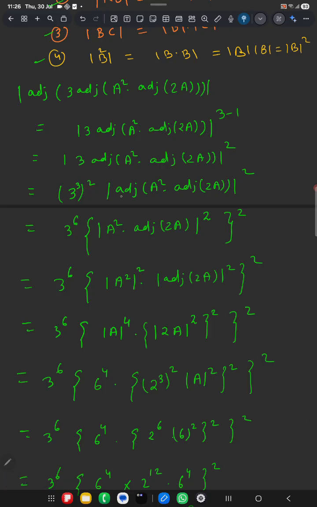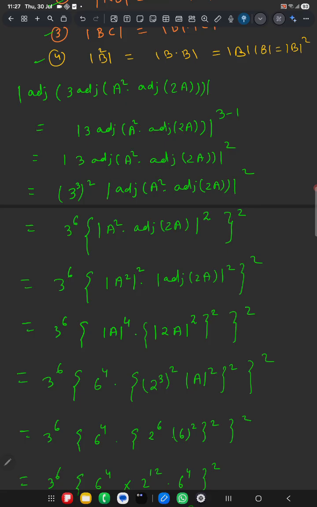Okay, now we have to solve this one. This is the adjoint of some matrix. So the determinant of the adjoint of some matrix will be what? It will be the determinant of this matrix, and the power is order minus 1, that is 3 minus 1, that is 2, and this 2 here.